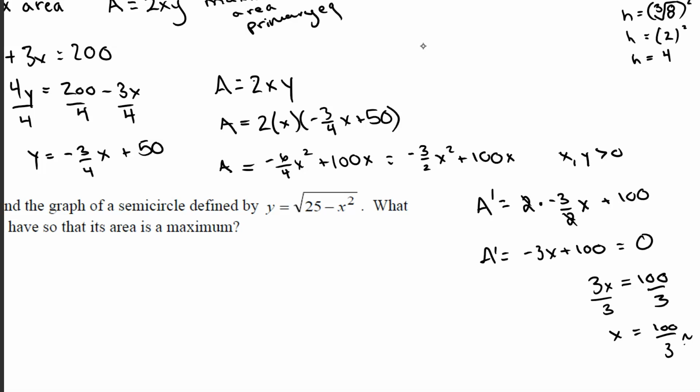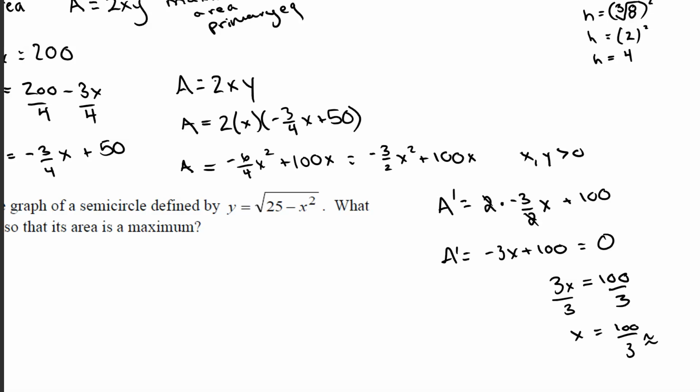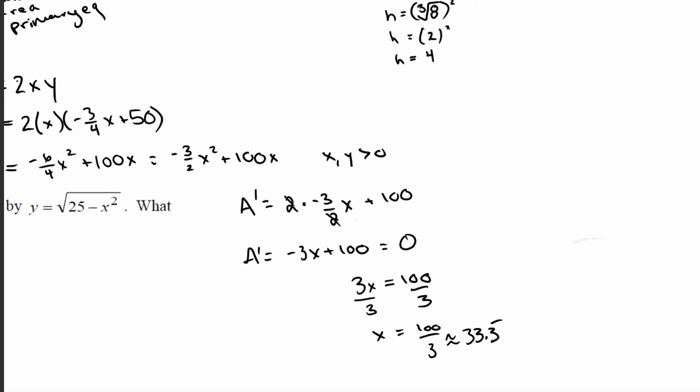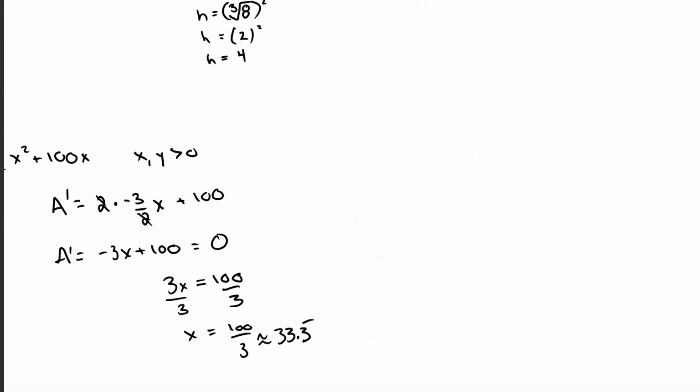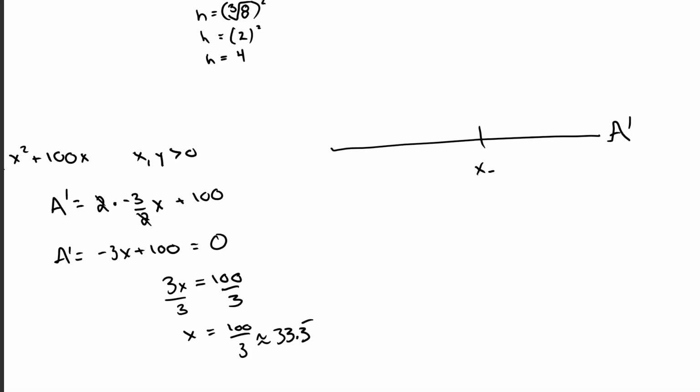We get 100/3. All right, that's about 33.3 repeating. So now we just need to prove that we have maximized the area, and then we need to find the other dimension. So we've got x equals 100 divided by 3. Right. Pick a value on either side. So I'm going to pick 1 and 40.